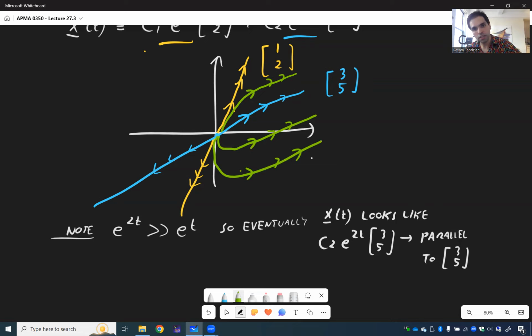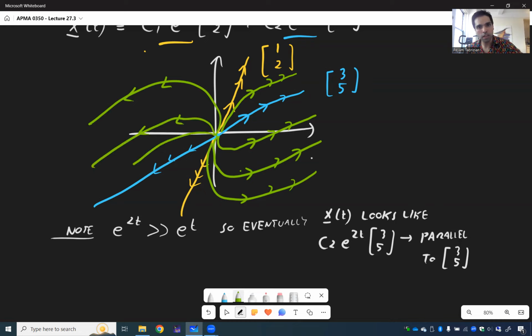Also here, and also here. And same thing in this case, it might curve, but eventually becomes parallel to the blue line. And here as well. And also similarly here. Maybe like this. And we also did the other case.